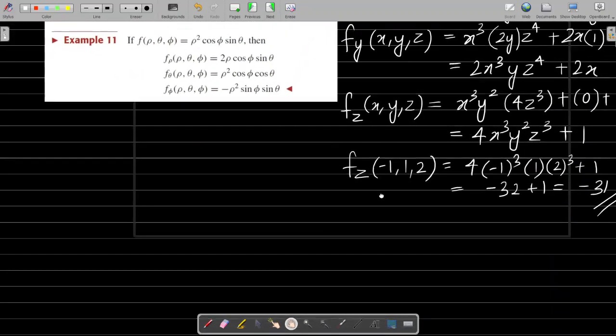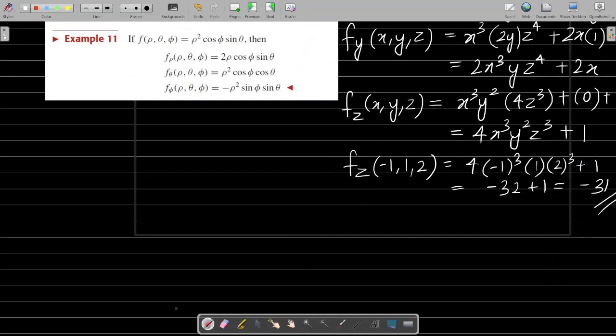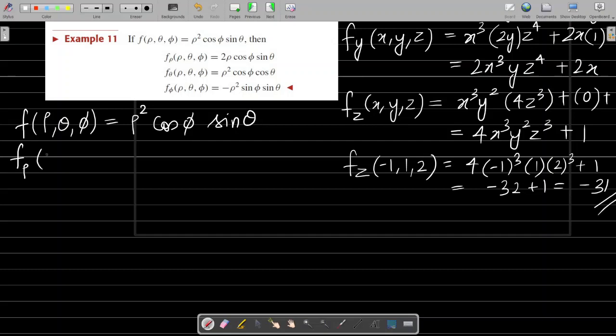The question is this one: f of rho theta phi is equal to rho square into cos phi into sine theta. First I am finding f rho of rho theta phi, that is, rho is the variable, theta and phi are constants.